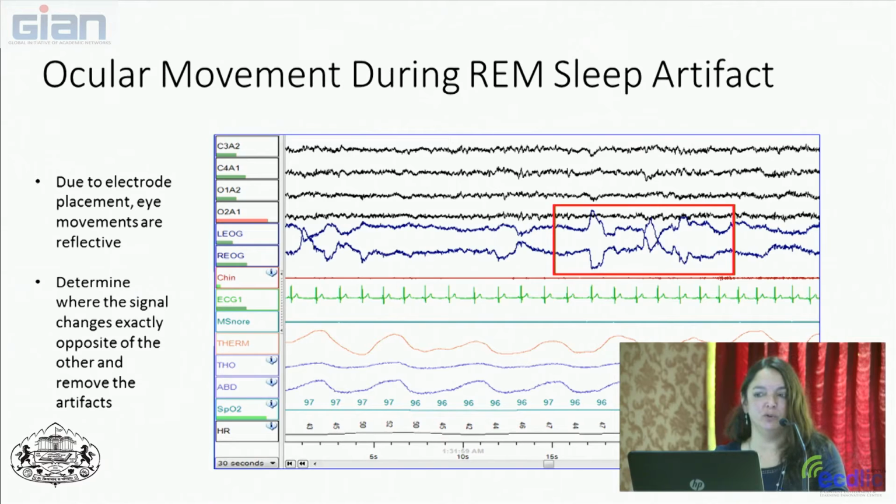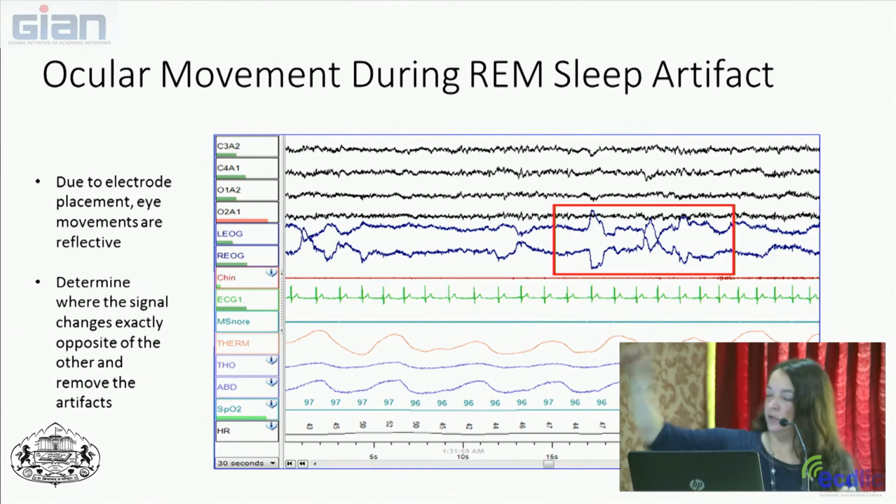Okay, the ocular movement during REM sleep again is a type of artifact that you can see in sleep EEG. And the cool thing about that is the way that you place the two eye electrodes, you can do it to make the ocular activity equal in opposite directions. So as you can see in this little box, as the one eye goes up, the other eye goes down. And a little bit later on, again, you see that.